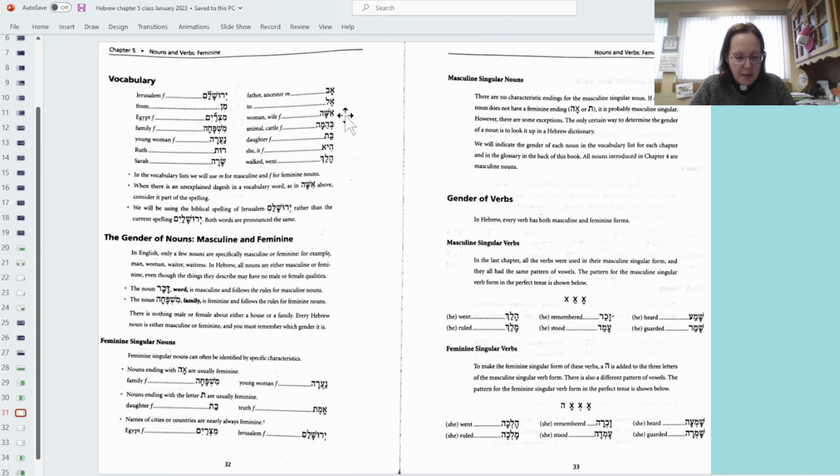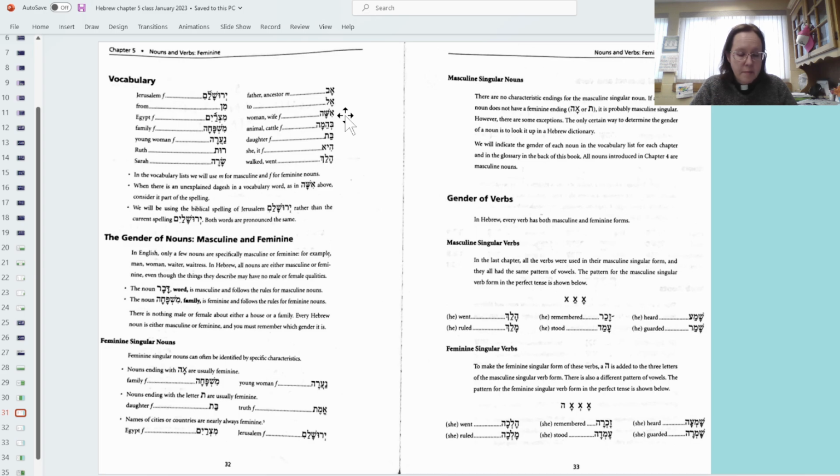We have Behema, which is cattle. We have Bat, daughter. We have hi. Remember that she or it, right? Who is hi? She or it. We have halak, which is walked or went. And then next column we have Yerushalayim, Jerusalem.